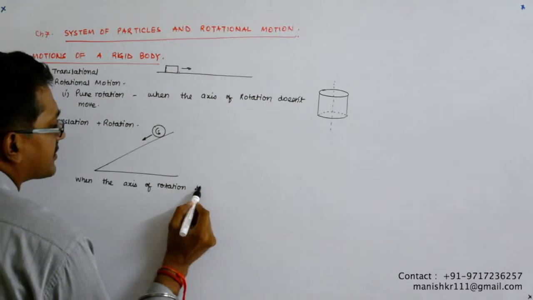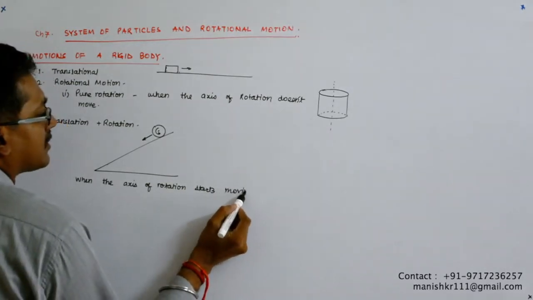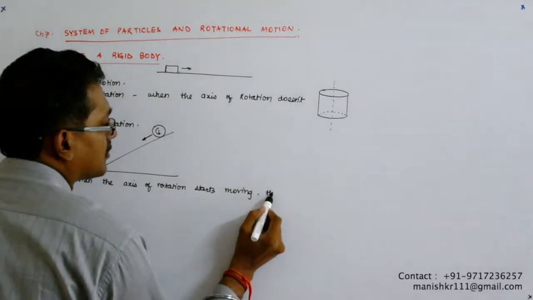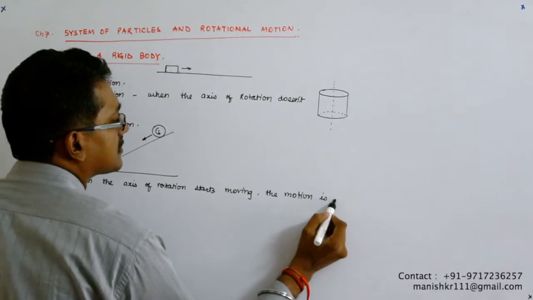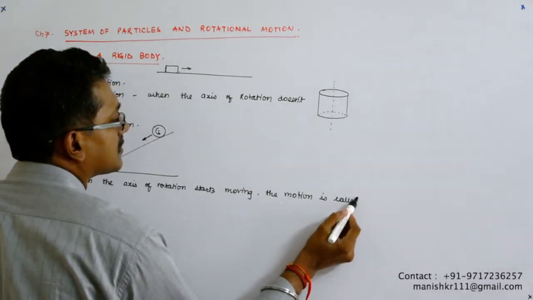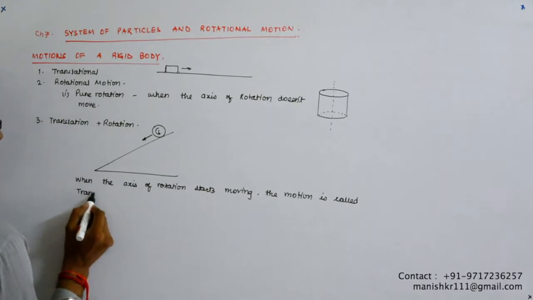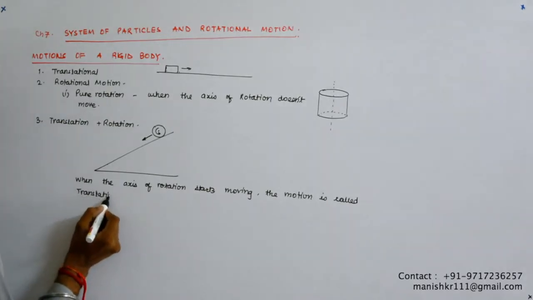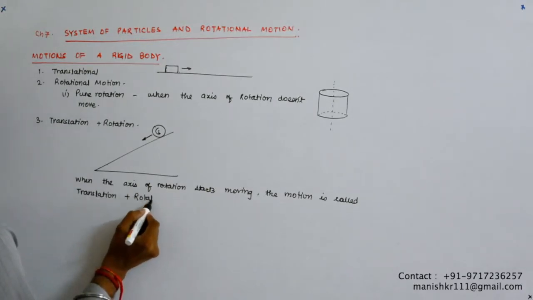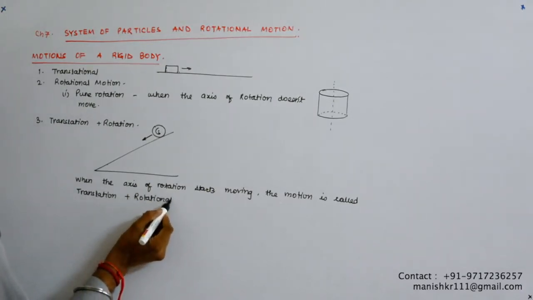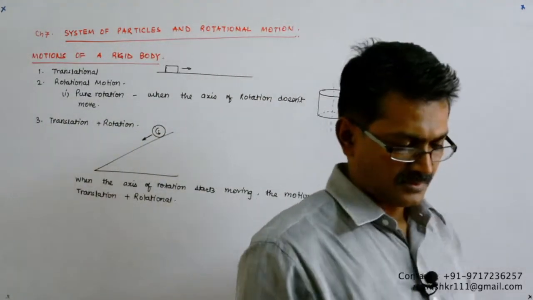When the axis of rotation starts moving, the motion is called translational plus rotational. We understand that?